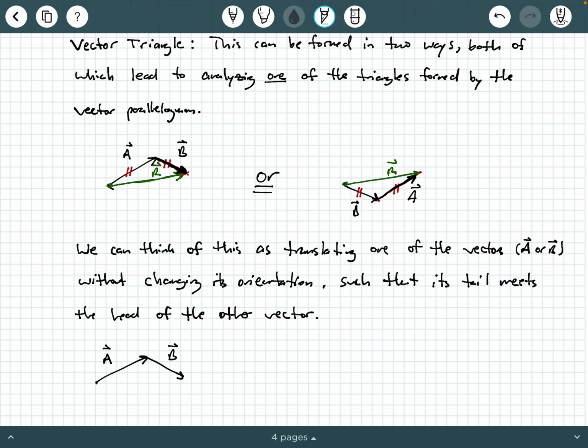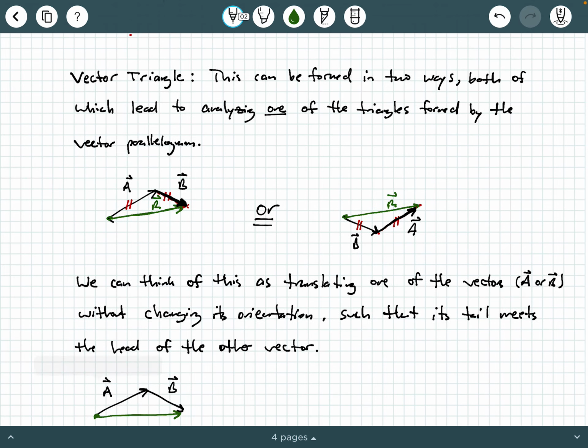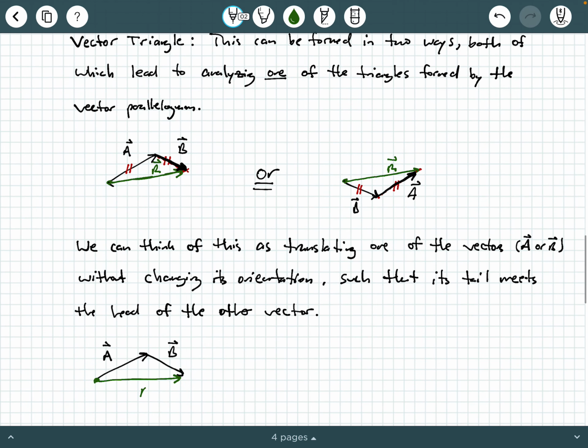Such that vector B's tail meets the head of vector A, all right? And then guess what? I can extend the resultant from the tail of A to the head of B, okay? So let's write that sentence down.